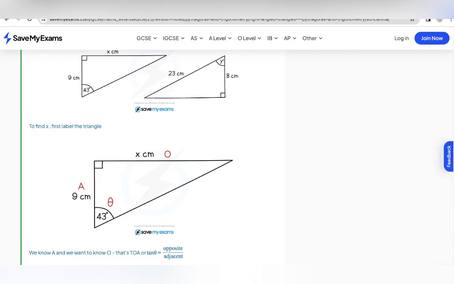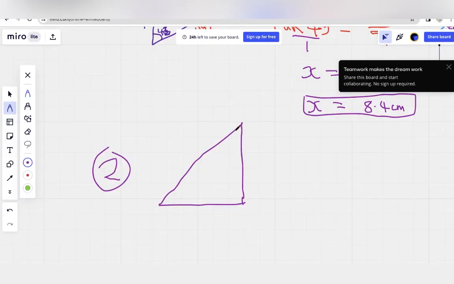We have y degree here. Here they're asking us to find the angle. We have 23 here, and then we have 8 centimeter here.